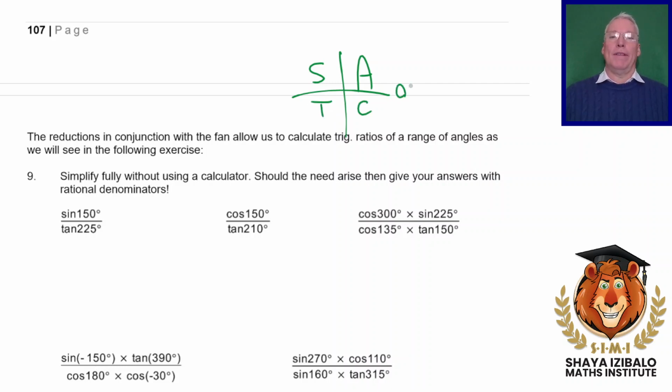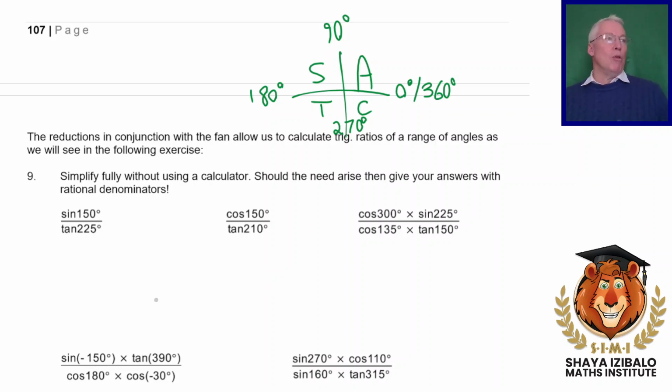Remember that this is 0 or 360 degrees, this is 90 degrees, this is 180 degrees, and this here is 270 degrees. Remember also that if we come off a horizontal axis, our ratio name stays the same. And if we come off a vertical axis, our ratio changes to the co-ratio. Sine becomes cosine and cosine becomes sine.